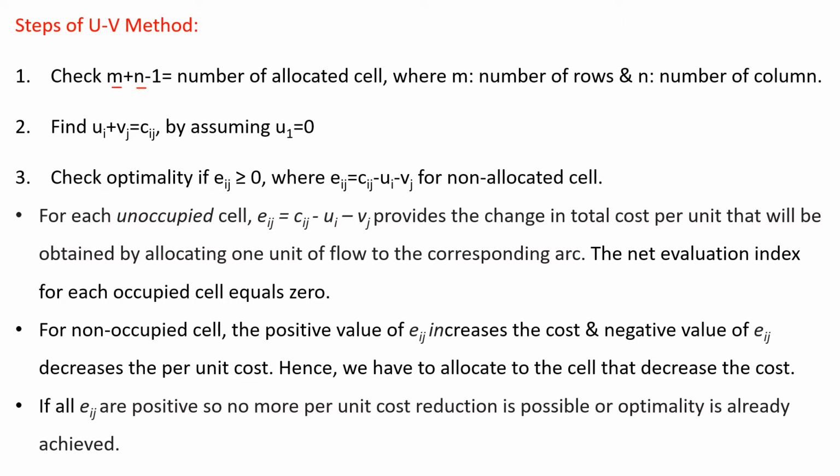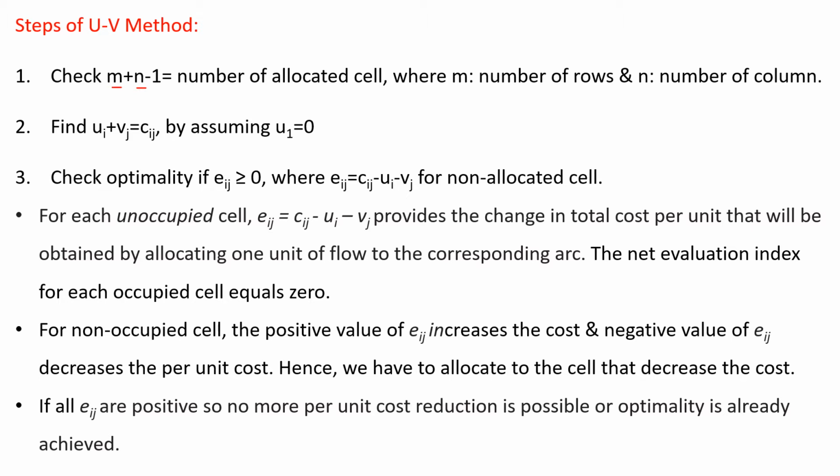And the second step is to find Ui plus Vj equals Cij by assuming that U1 equals 0. By the way, Ui corresponds to the rows, and Vj is for the columns.